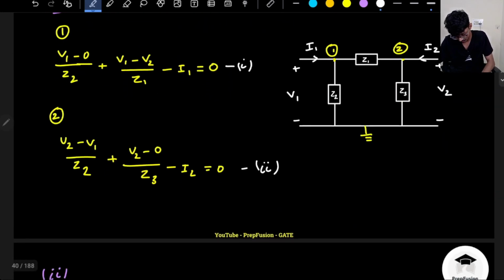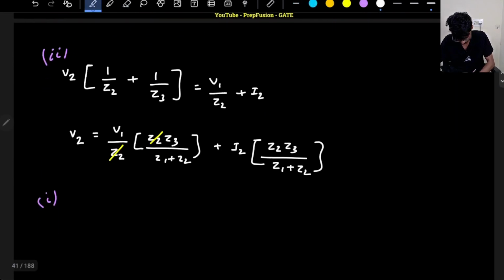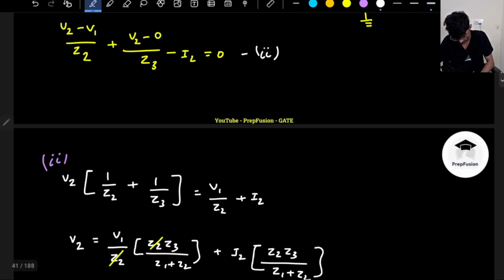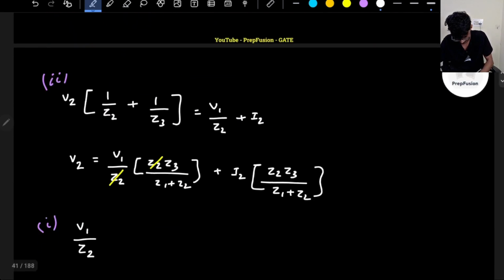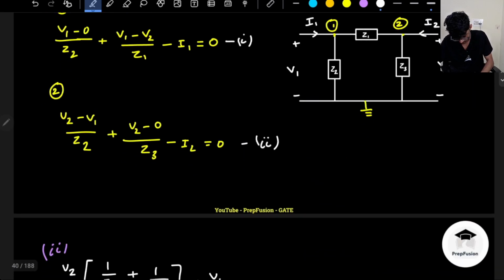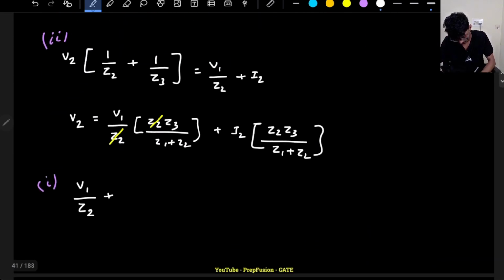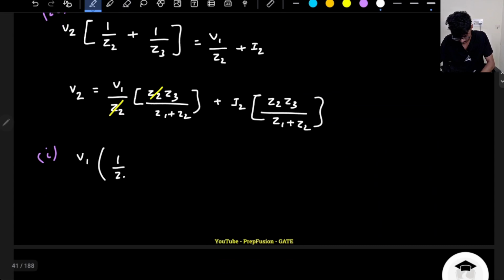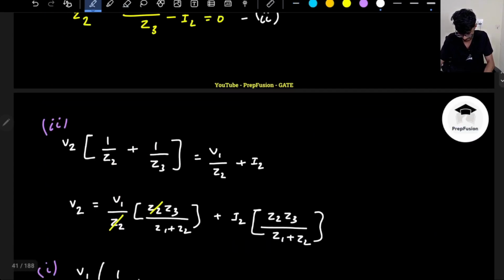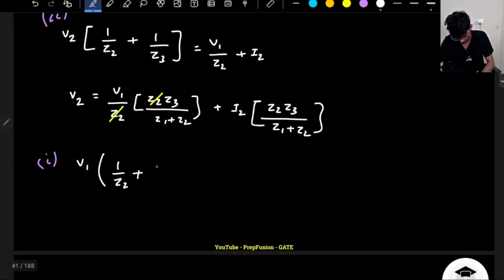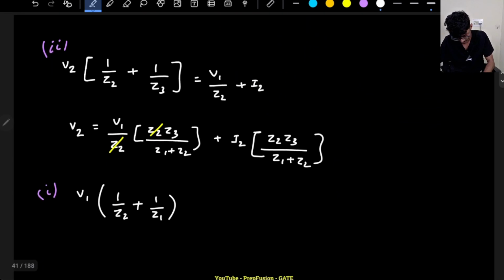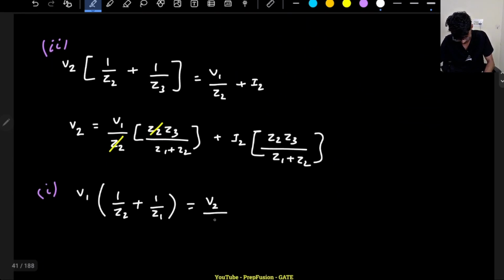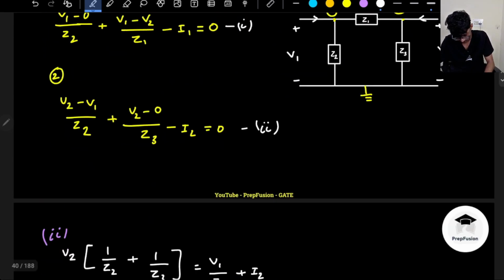So equation 1, this will be V1 by Z2, V1 divided by Z2, plus V1 by Z1, 1 by Z1. Okay, and this is V2 by Z1 plus I1.